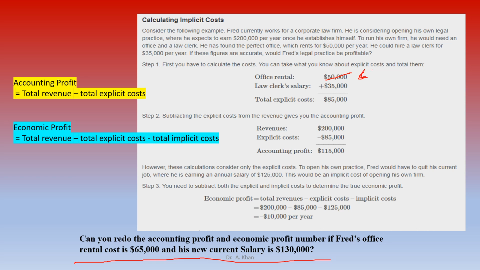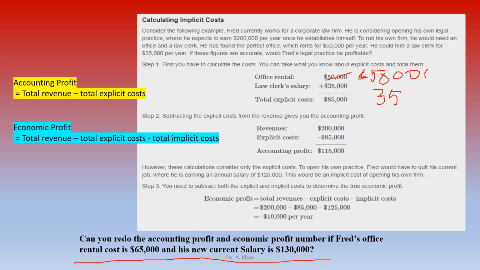And then let's also consider that the paralegal, the legal assistant payment remains unchanged.